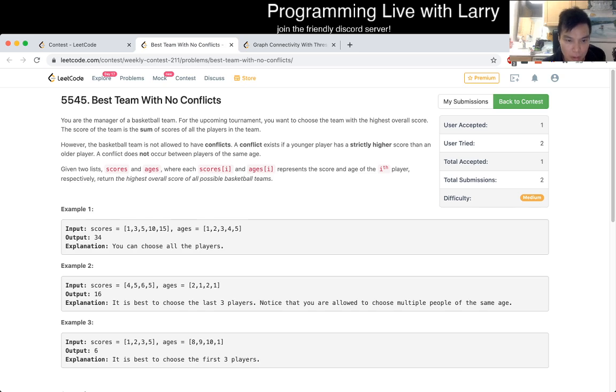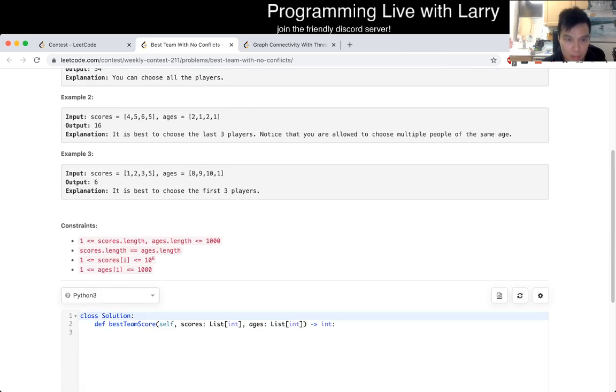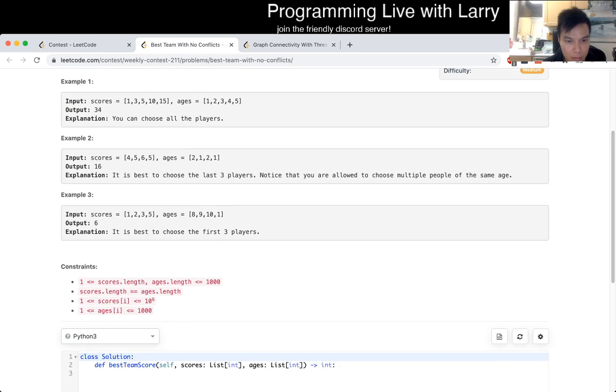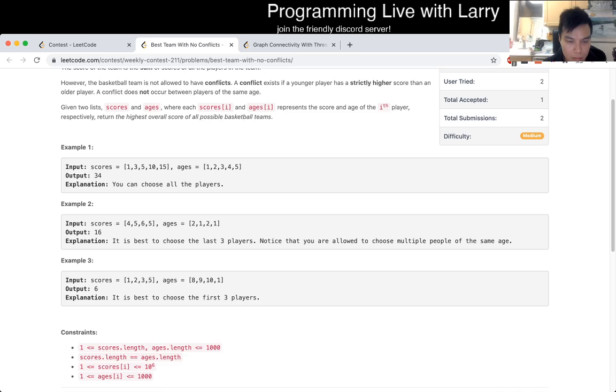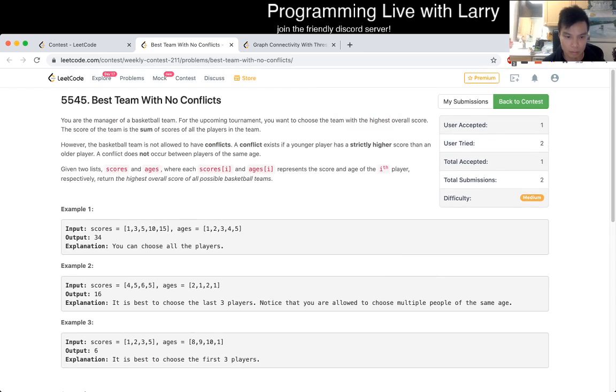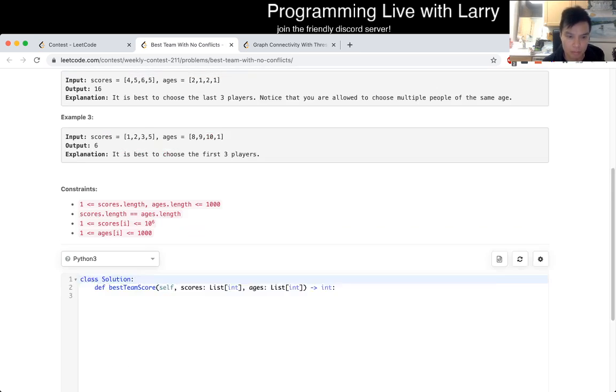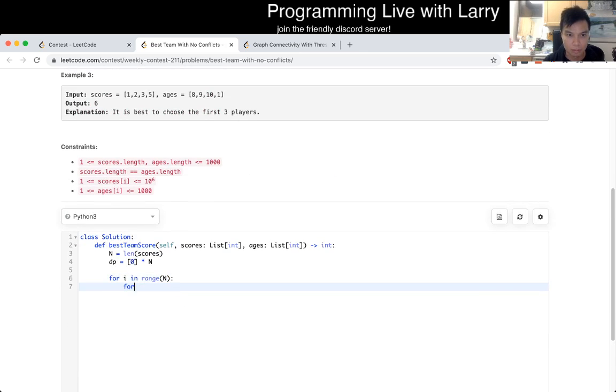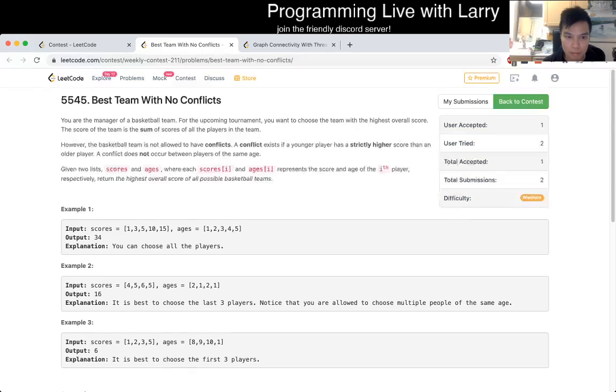An older player. Okay. Are these sorted in any way? Nope. I have to sort them first.